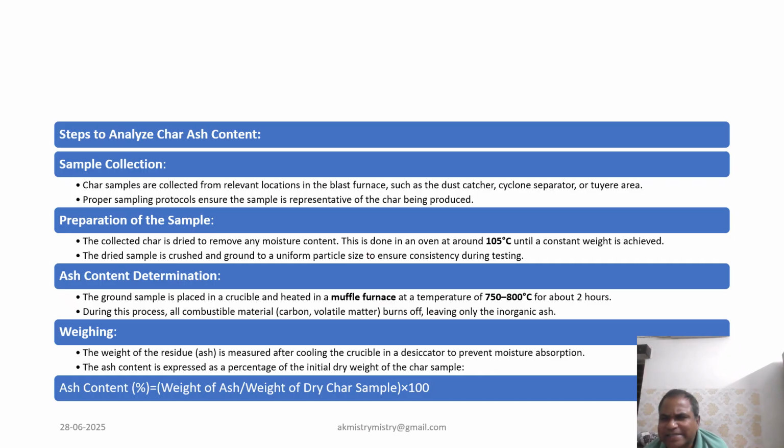Now coal fines have more volatile matter, and carbon sits in between, with higher ash. So the configuration is quite different. This helps us distinguish materials and optimize furnace efficiency. So let's dive deeper.